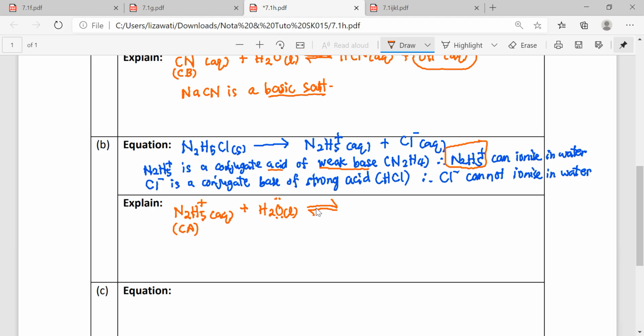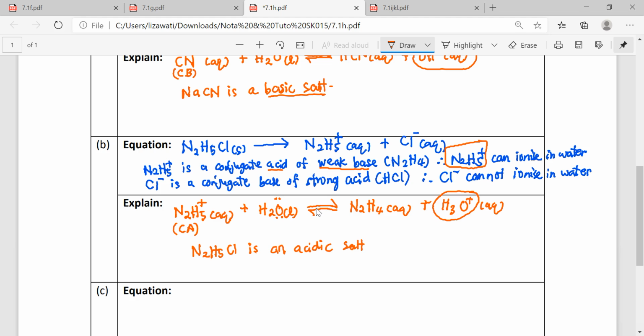So N2H5+ releases one H+ and becomes N2H4, which is neutral, plus H2O accepts a proton and becomes H3O+ aqueous. Since the product formed here is H3O+, we can conclude that N2H5Cl is an acidic salt.